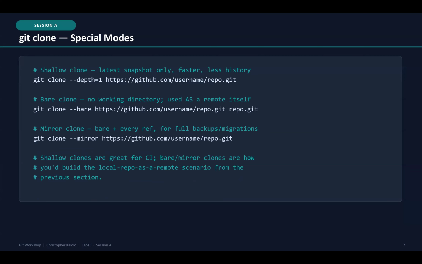These special modes, we will not discuss them in detail, but let me explain what they mean, because I have a separate session which will be dealing with the different types of repositories. We have the standard repository, which we will be dealing with from today, but we have the bare repository. Bare repositories are repositories which do not have a working tree. The use case is when you want to mimic a Git server.